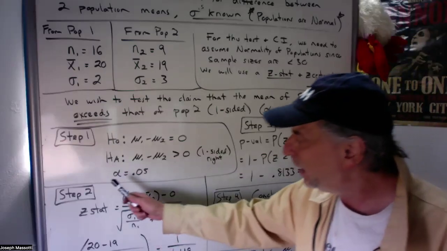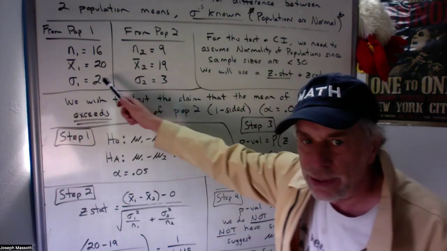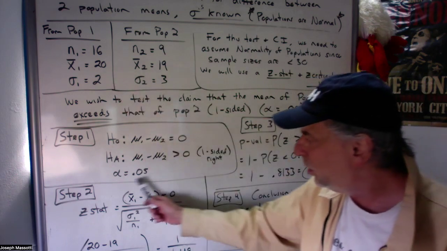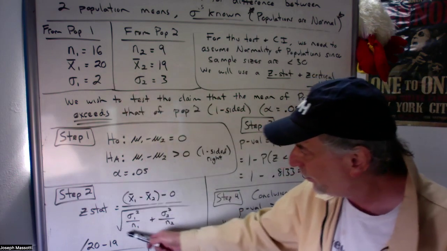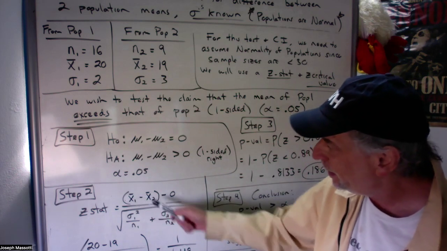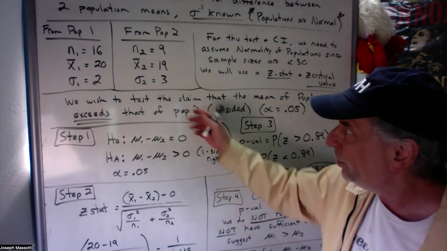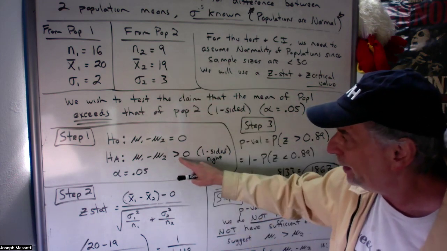Our second step, and we're using a Z test statistic since we know the population standard deviations. We know the test statistic takes this form. The difference between the two sample means, again, doesn't matter what order you put them in, but be consistent. If you were reversing this, then this would be less than.